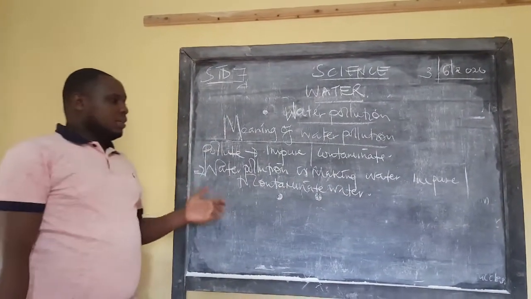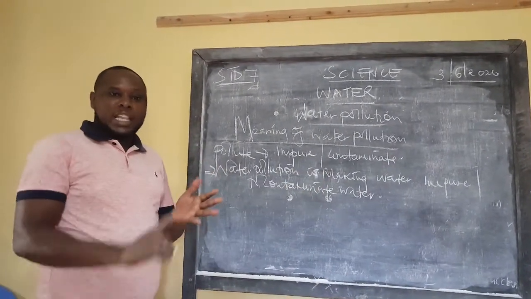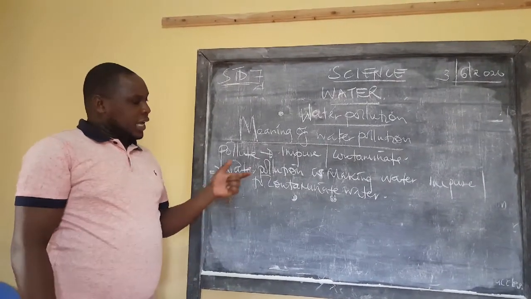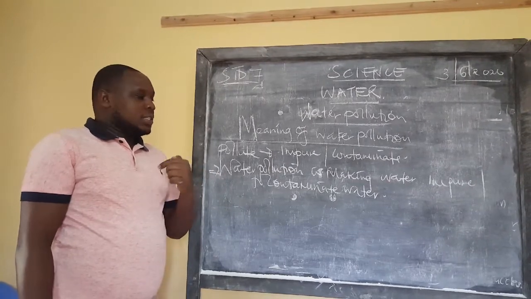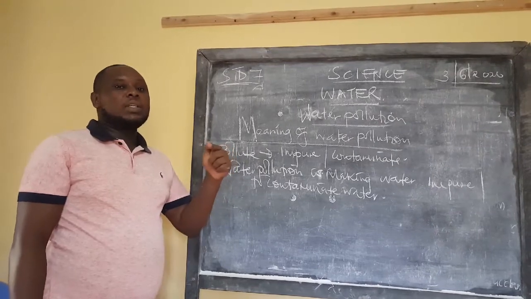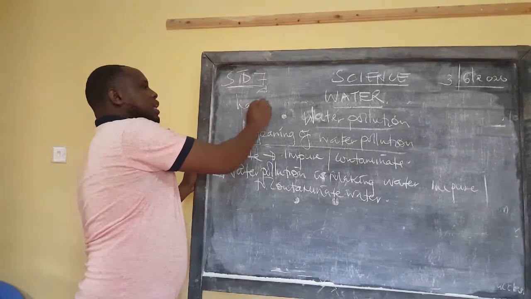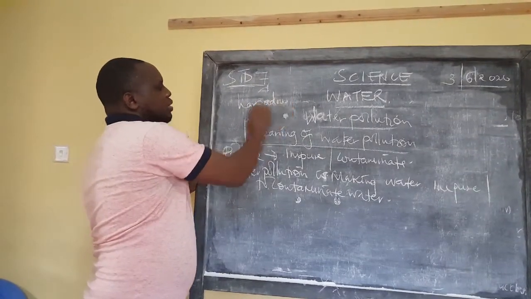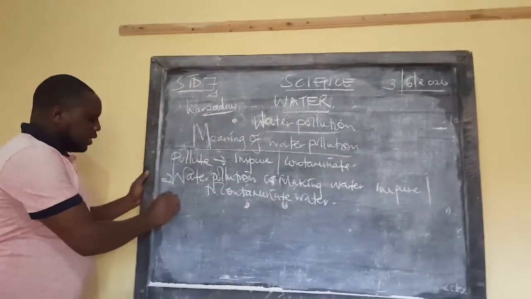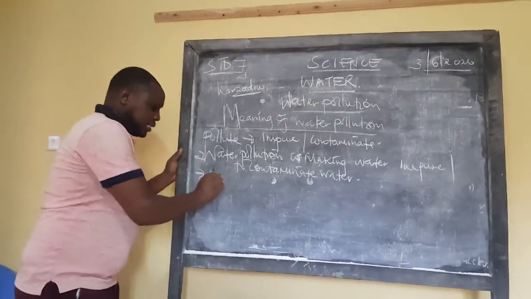It means that this water cannot be used by human beings, animals or even plants, because it contains some substances that, when consumed, are going to lead to health problems. We say they are hazardous, meaning they are going to have some effects in our bodies. And so, the things that contaminate or pollute water, we call them water pollutants.